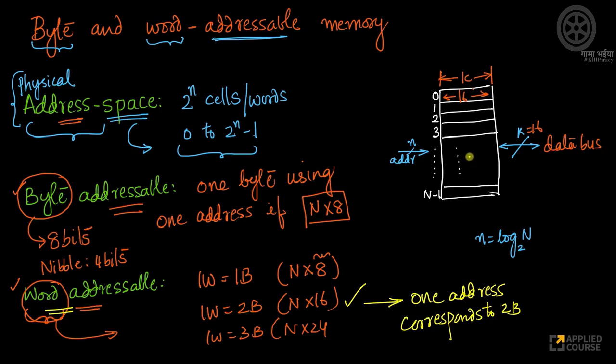But now your question again: by default, every microprocessor, and at the end of the day your RAM or main memory, doesn't exist in isolation. It always works along with a CPU. Remember that it's your CPU that is sending these addresses, and this data is going back to the CPU, right?